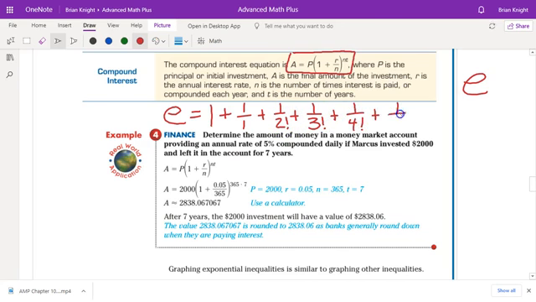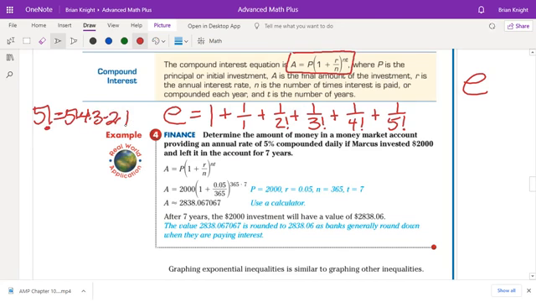A factorial, 5 factorial, means 5 times 4 times 3 times 2 times 1. It's all the numbers up to 5, you're multiplying them.